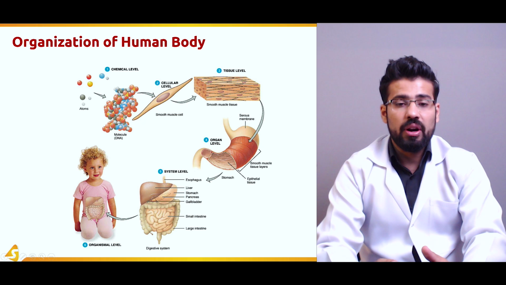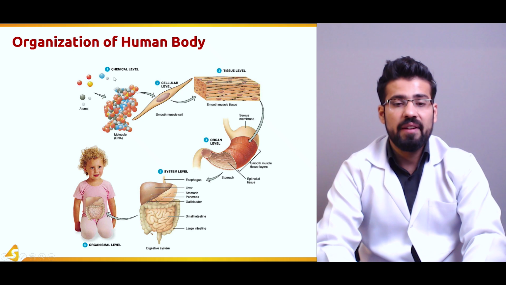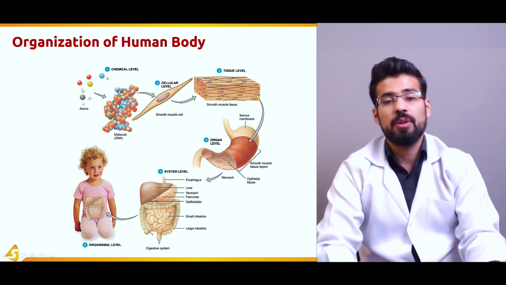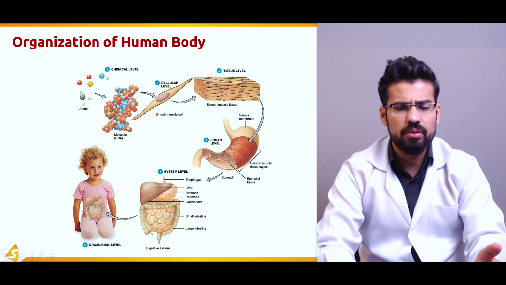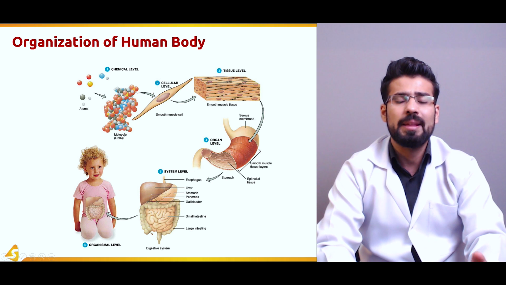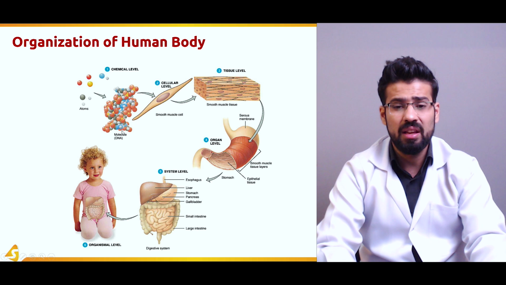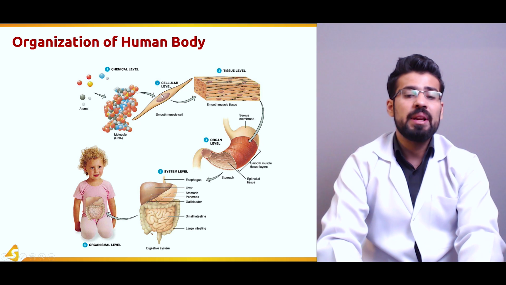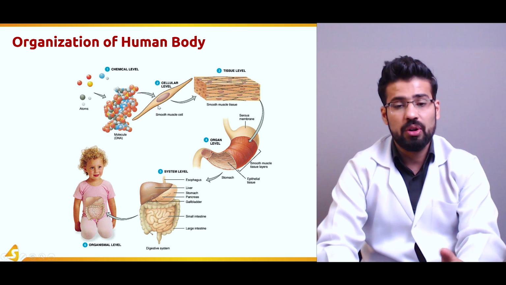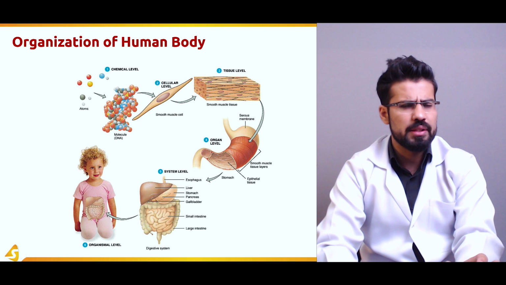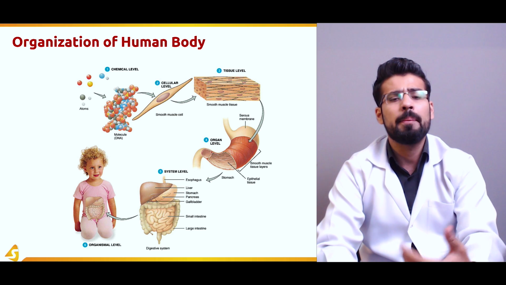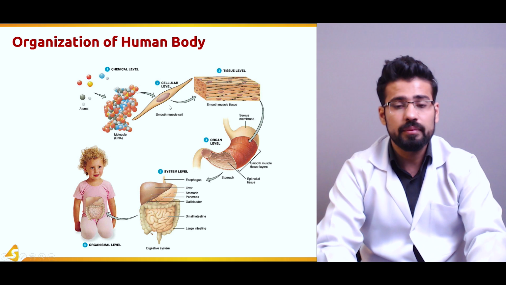So to summarize the organization of the human body, at the chemical level we have atoms, which form molecules and compounds, such as the DNA. The DNA of the cell will ultimately form the cell, because it carries all the necessary information required to produce a particular cell.